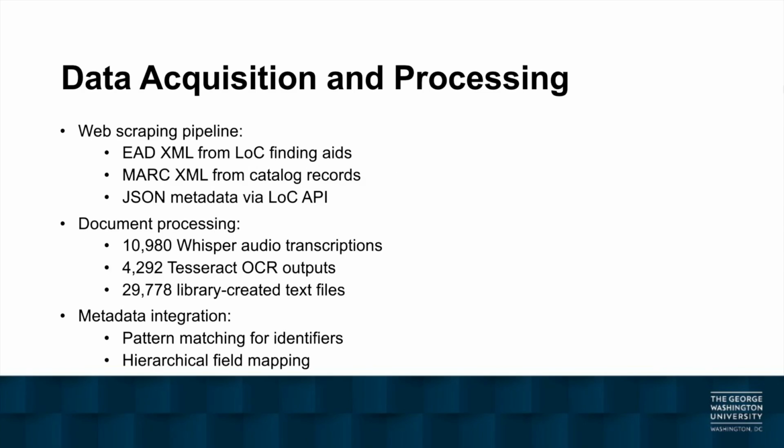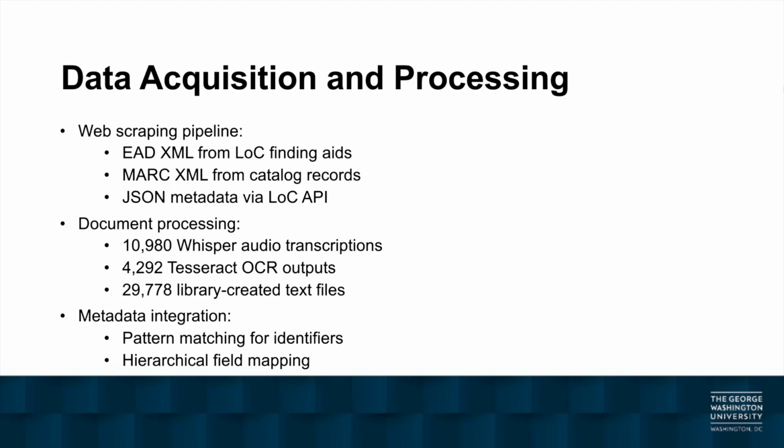So, data acquisition and processing. To build FolkRAG, we developed a comprehensive web scraping pipeline to gather three types of data. First, we scraped all the EAD XML finding aids available for every AFC collection.